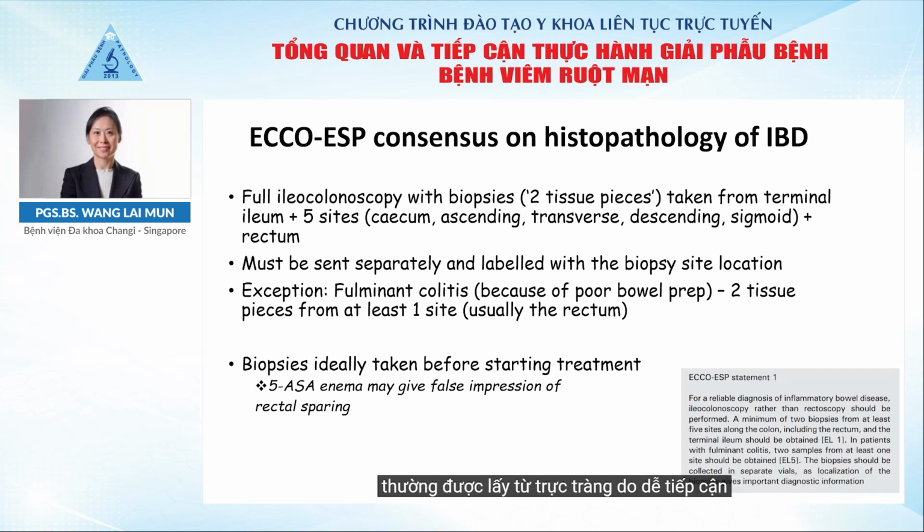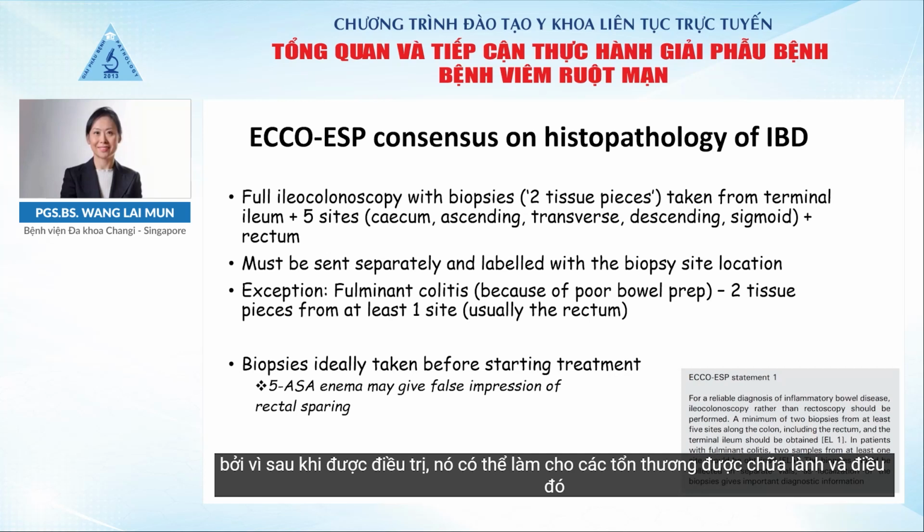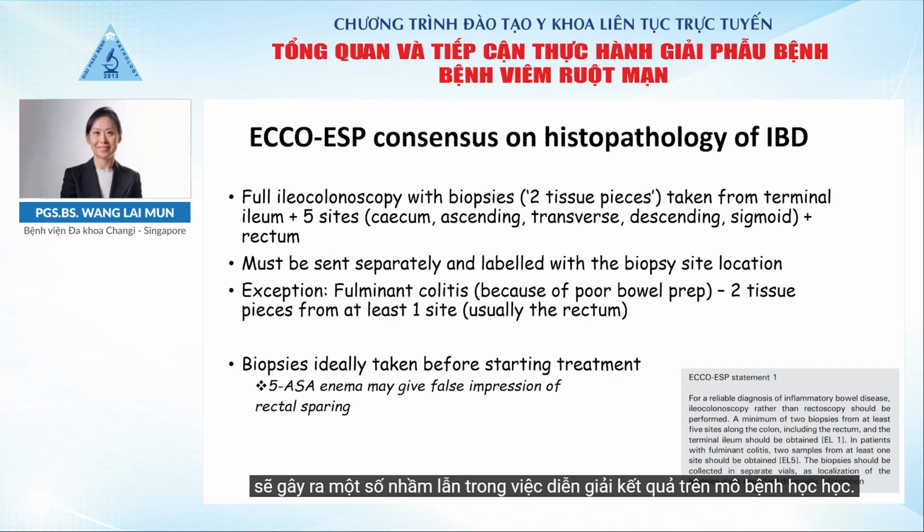And from experience, it's usually taken from the rectum due to easy access. Biopsies, of course, should ideally be taken before starting treatment, because after treatment has started, it may give some healing effect, and that will cause some patchiness in the overall interpretation on microscopy.